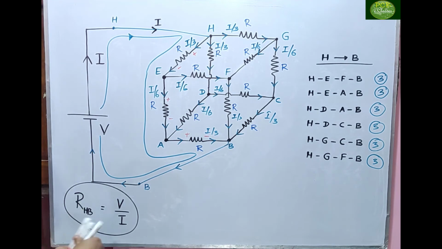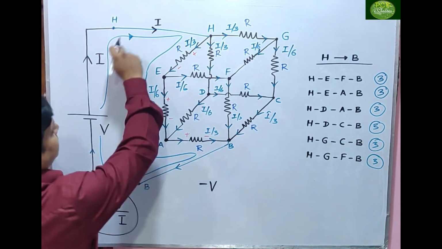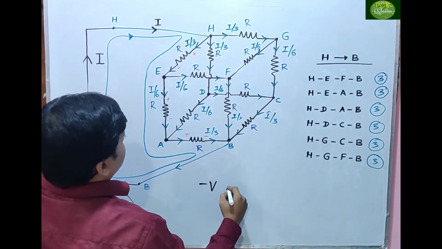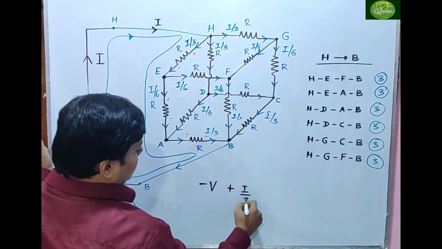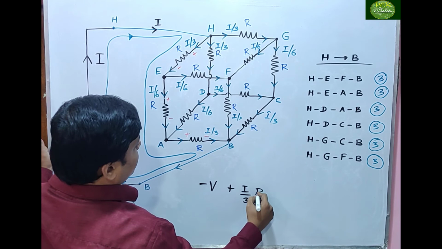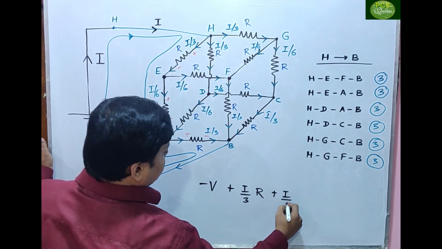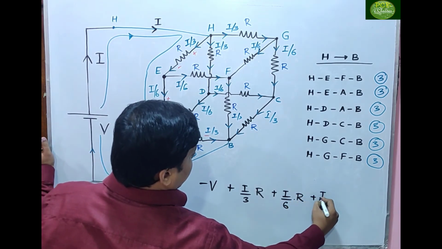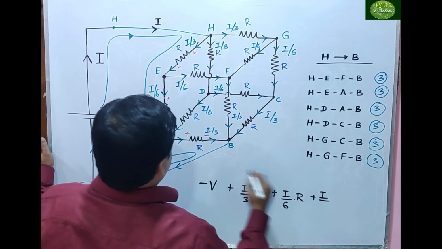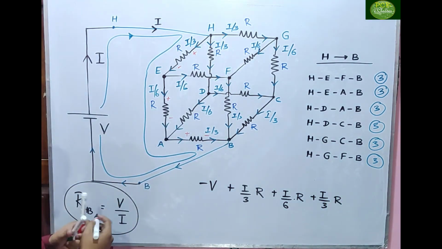Fine. Now apply KVL. What KVL equation will I write? Minus V plus I by 3 multiplied with R plus I by 6 multiplied with R plus I by 3 multiplied with R. Which path have I taken?